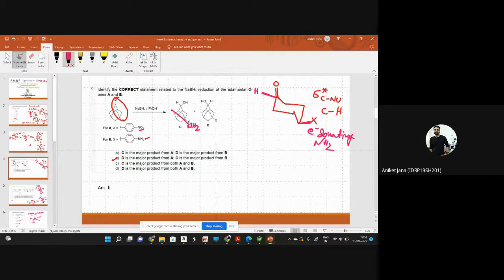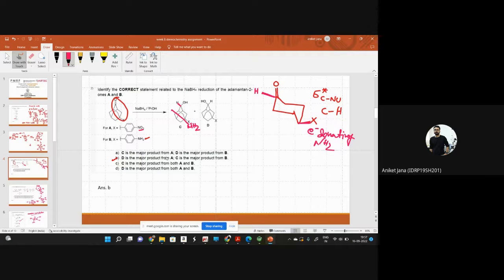So where X is para, the incoming CH bond, the carbon-nucleophile bond, is favored, as NH2 can donate better electrons to stabilize this bond.